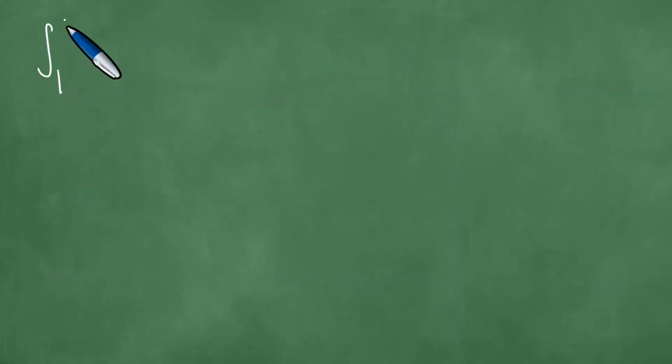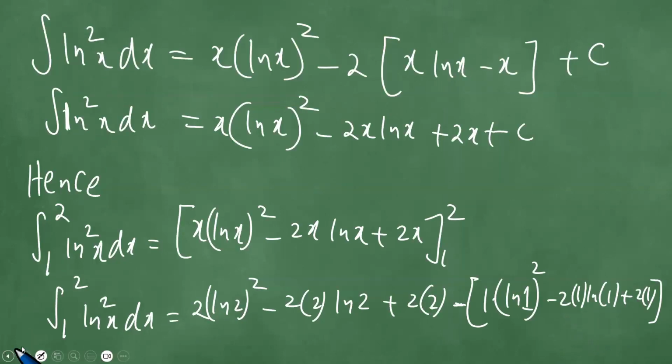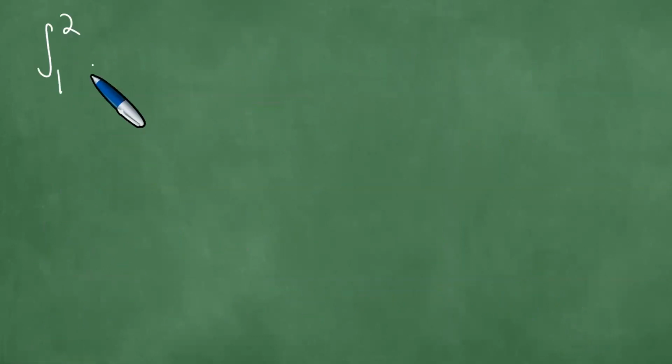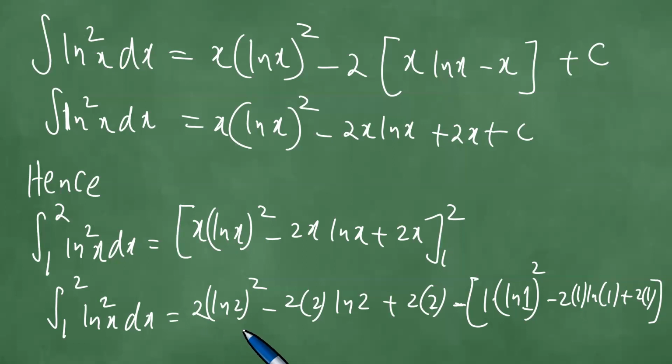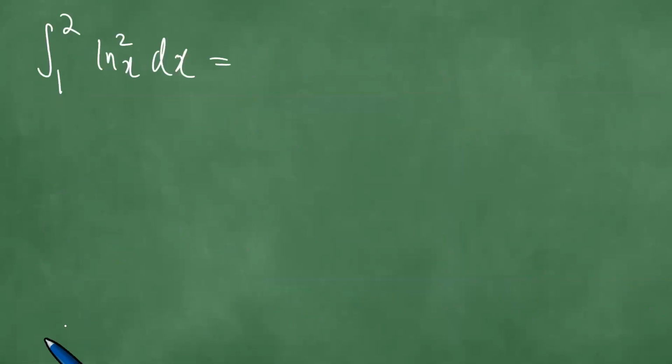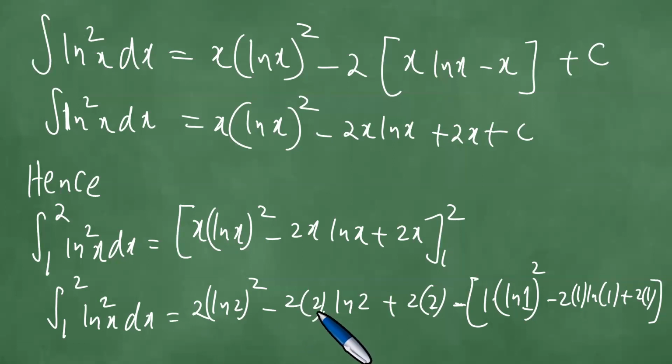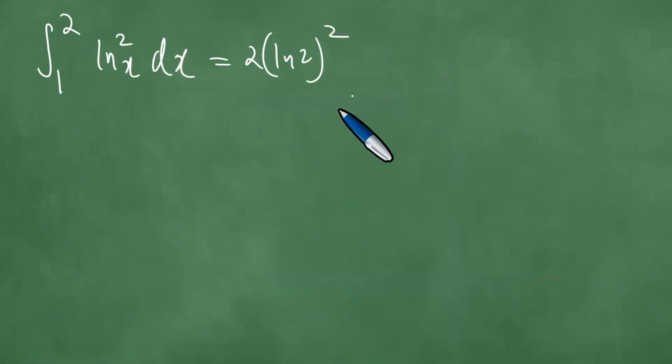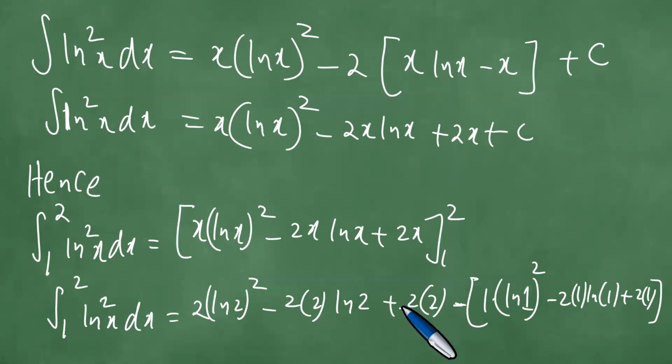And this is the integral from 1 to 2 of ln squared x dx. In view of the right-hand side, you get exactly 2 times the ln of 2 squared, minus 2 times 2 ln 2, which is minus 4 ln 2, plus 4.